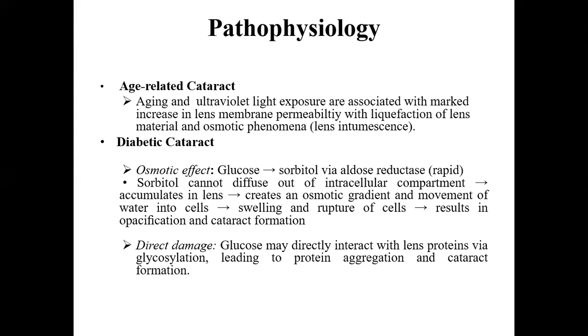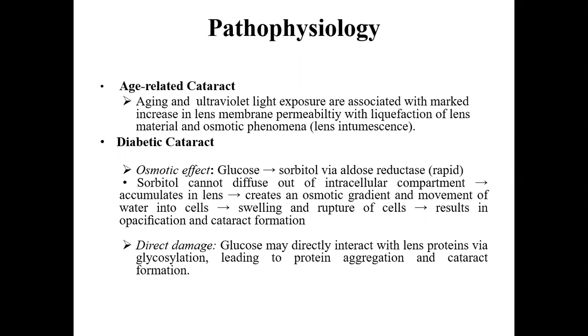There is a disturbance in the aldose reductase enzyme in diabetes, and the sorbitol that has been converted accumulates within the lens. Then it causes an osmotic effect on the lens material, the proteins, and they start to opacify.